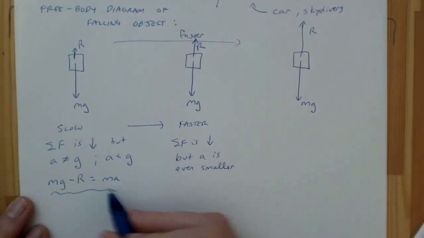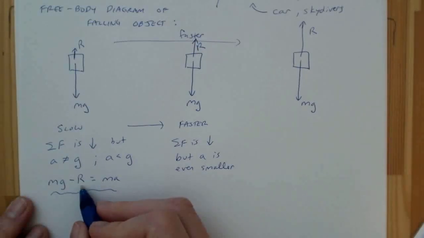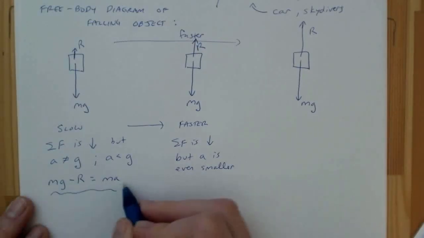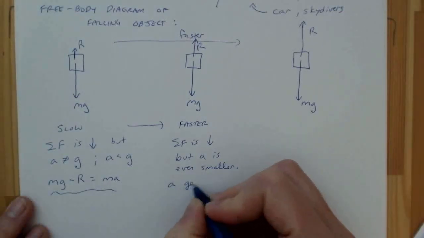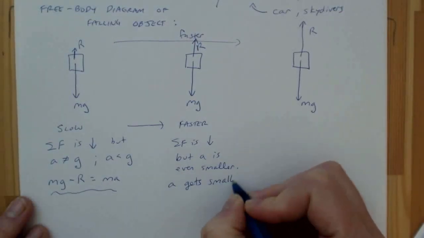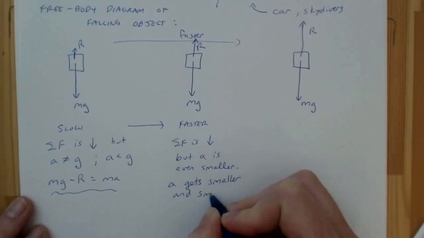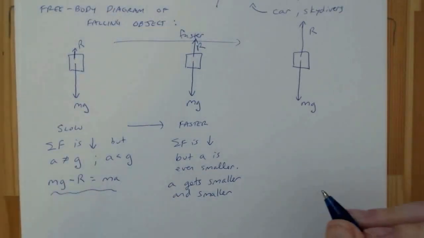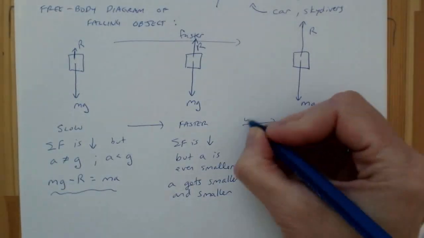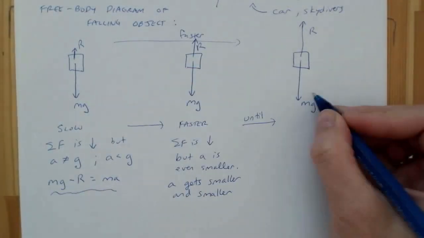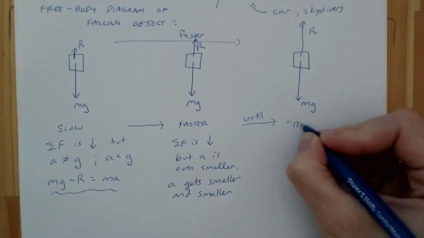Right? If we look at this one, we know that the R has gotten larger, so the acceleration is getting smaller. So the acceleration gets smaller and smaller as we go. And then we have this situation. It keeps increasing until so-called terminal velocity.